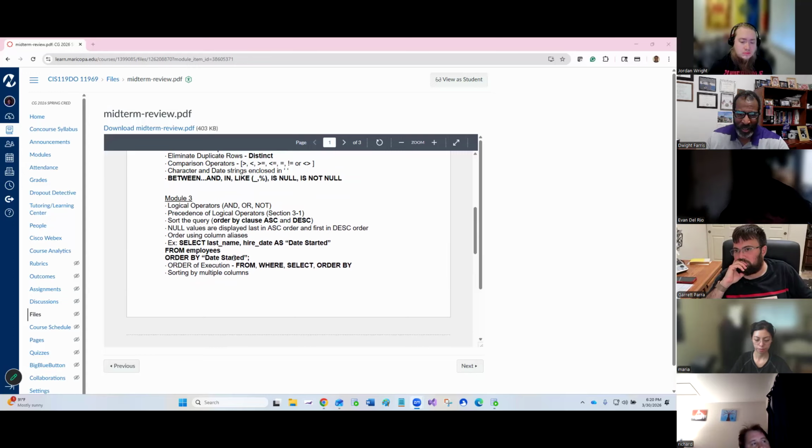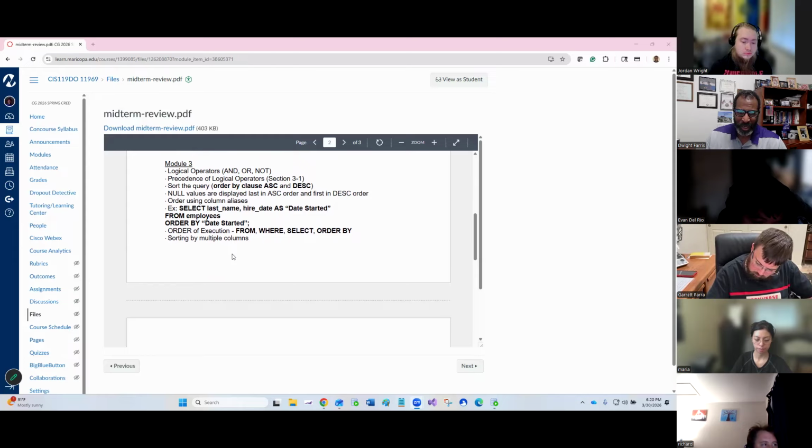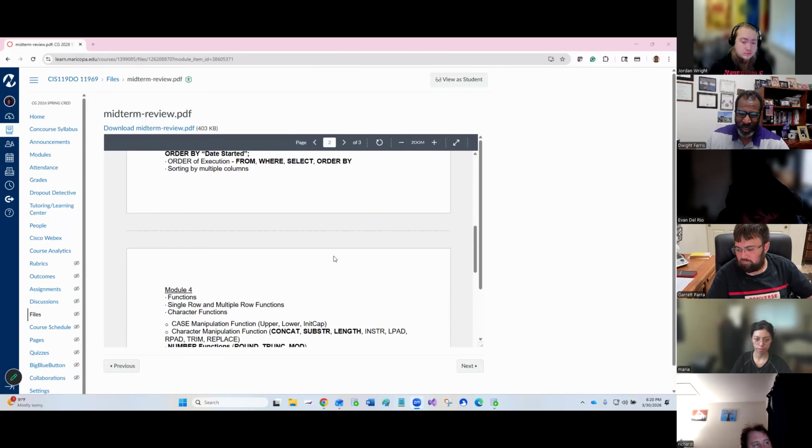The precedence of logical operators, basically the order, the sort order, order by, ascending, descending. Order using column aliases. And remember aliases with a space and how that's structured as far as the syntax. Order of execution of your select statement. Remember, it's from, where, select, order by. You will definitely see that.